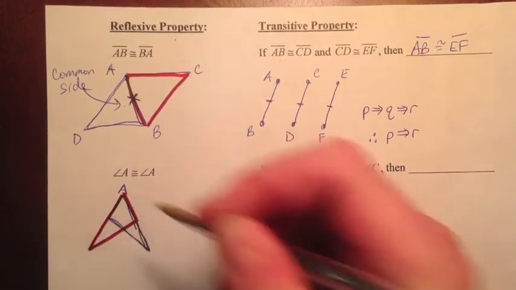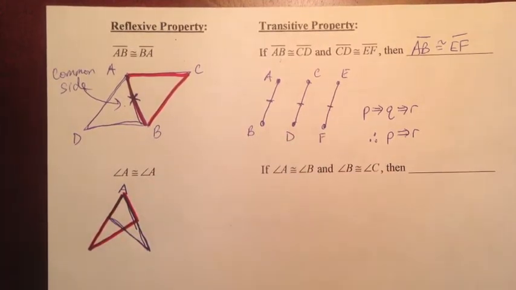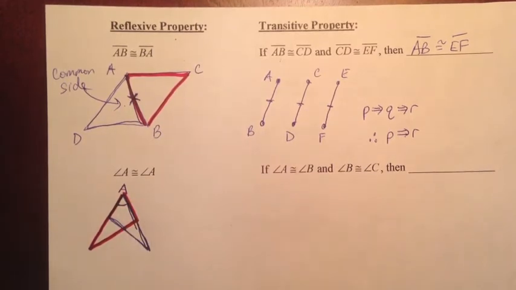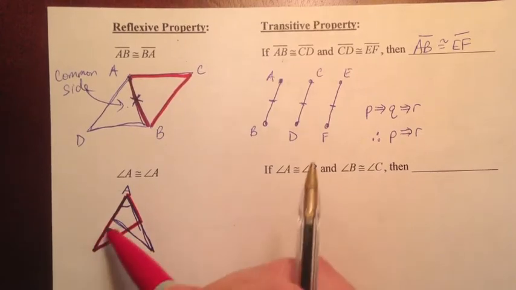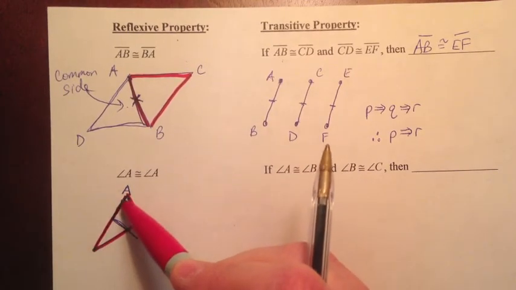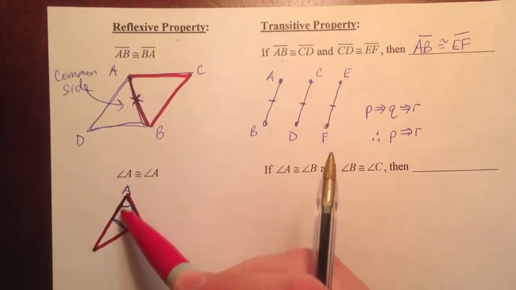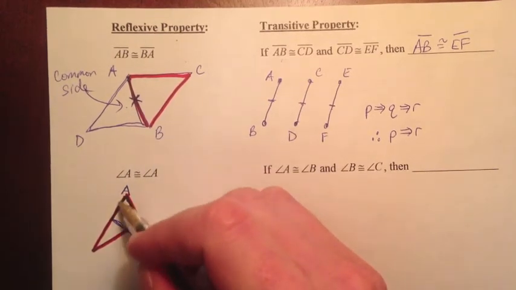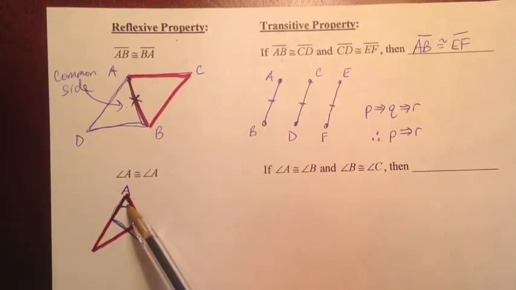Now this time the triangles don't share a common side, but notice that both of them have angle A right here. If I trace it again, look at what happens with the red triangle. Okay, there's angle A. That's this angle here. And then when I trace the blue triangle, notice that I've got the same angle A. That would be the reflexive property for congruent angles.